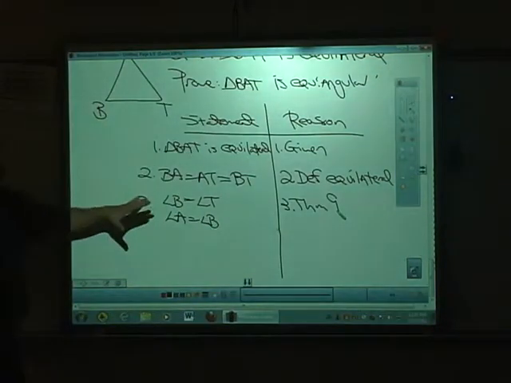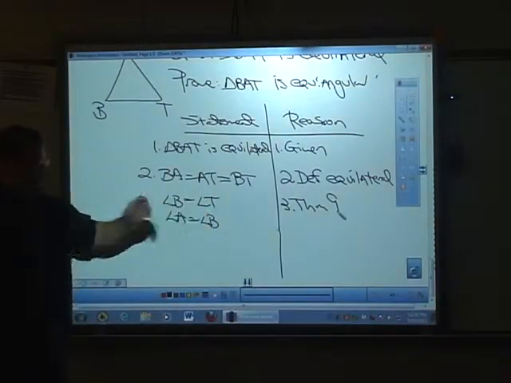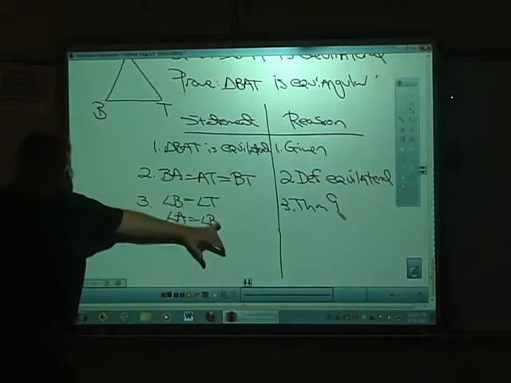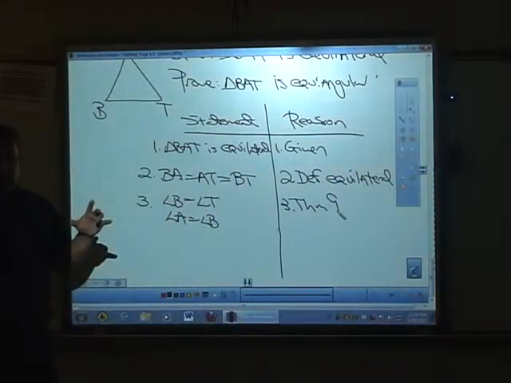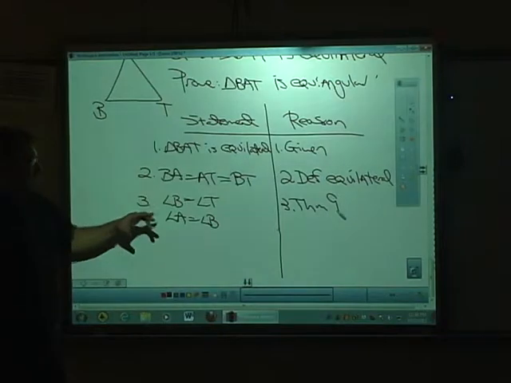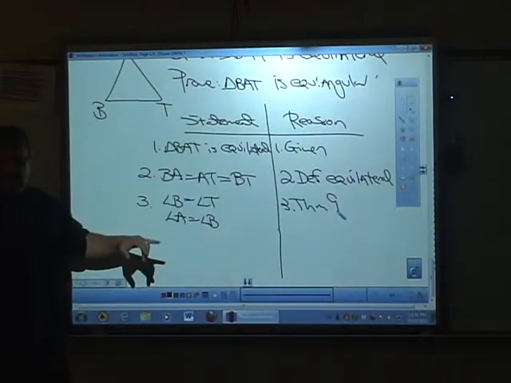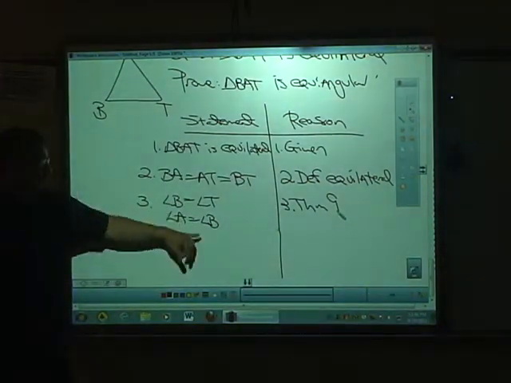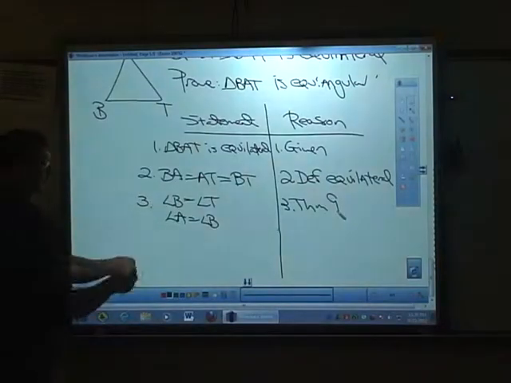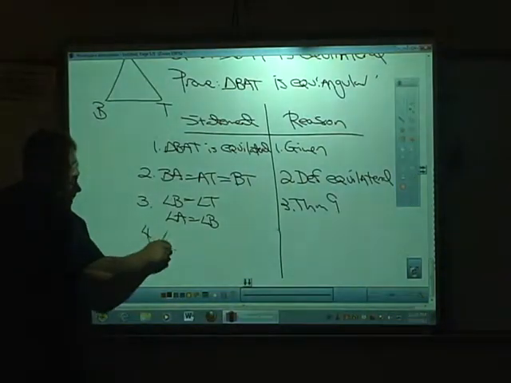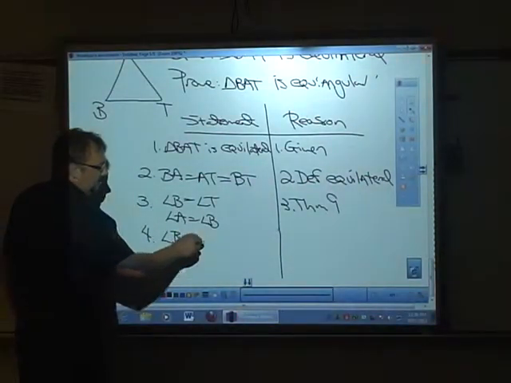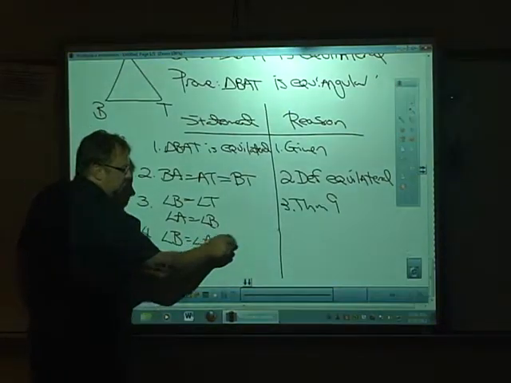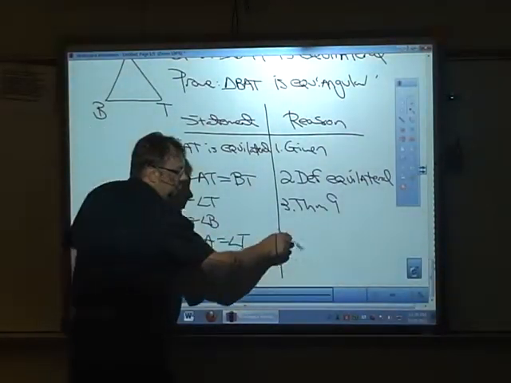But wait a second. So I have B is the same as T. I have A is the same as B. So that means what must be true about A and T? Well, if they're both equal to B, they have to be equal to each other. So we can say that angle B is equal to angle A, which is equal to angle T by substitution.